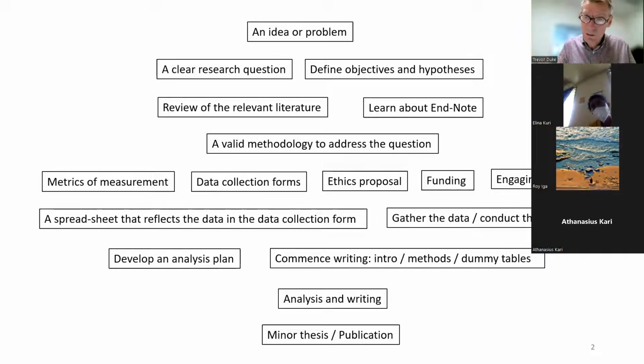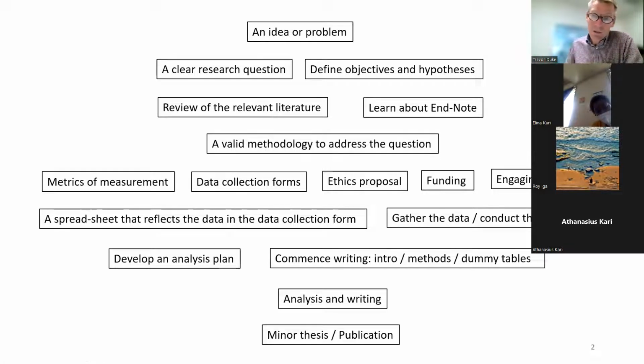Similarly, if you're doing a project in the children's wards or the children's emergency department, you should be going and discussing the idea with them, because they may already have thought about the topic. They may already have answers to the questions that you are trying to ask, and they may have other questions that might even be more important.